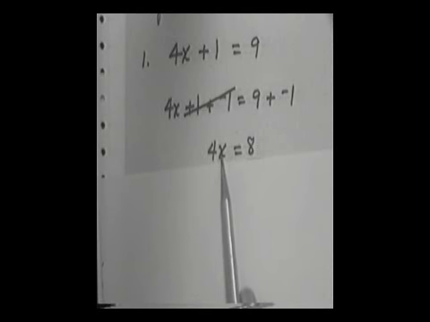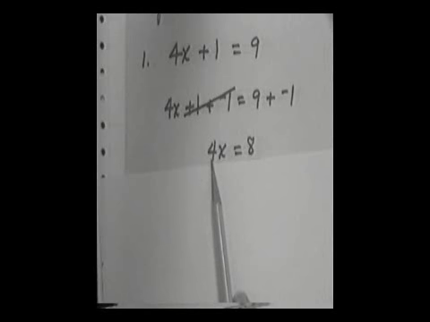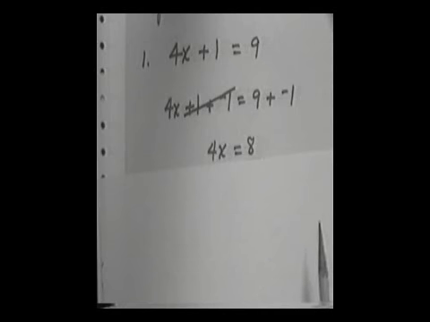The x is still not by itself. We have the coefficient 4. To eliminate this coefficient, the multiplication property says that we can divide both sides of the equation by the coefficient 4. So we do exactly that, divide both sides by 4.